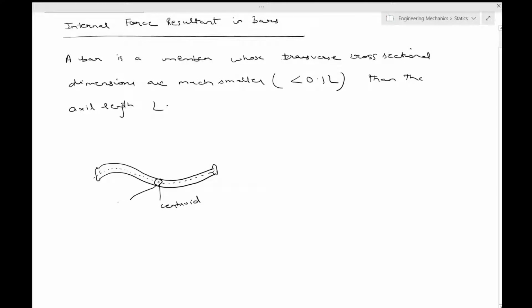This is the transverse cross section, and that area is S. This end is 1, this end is 2. This is the longitudinal centroidal axis.